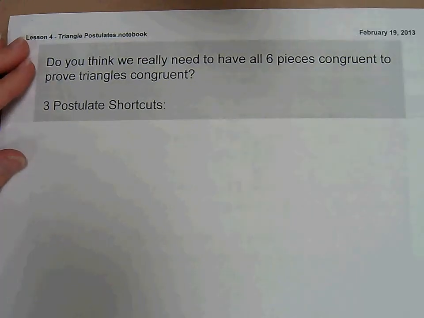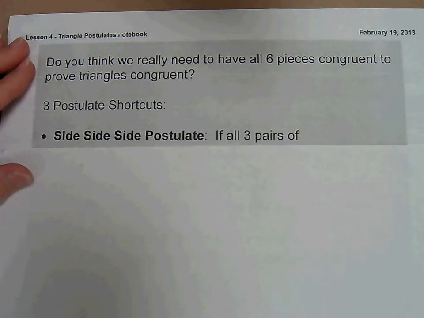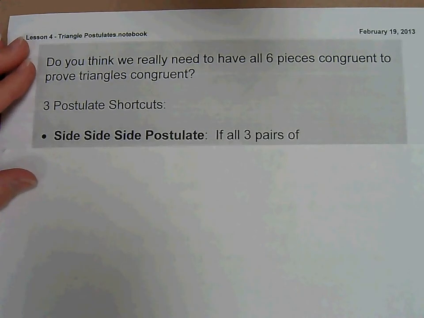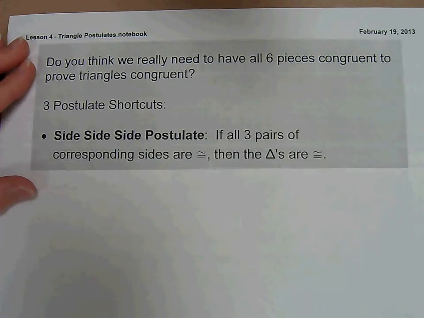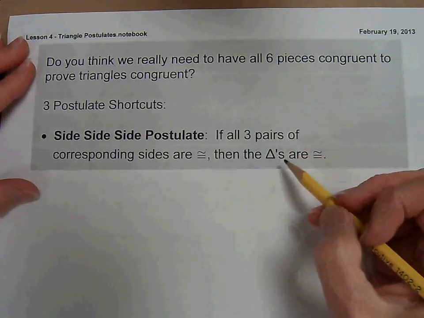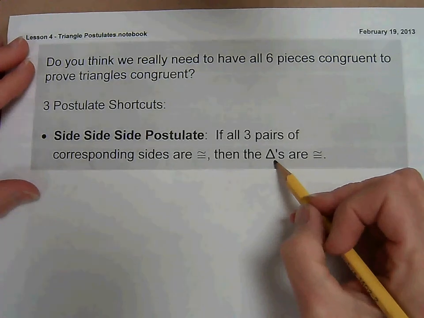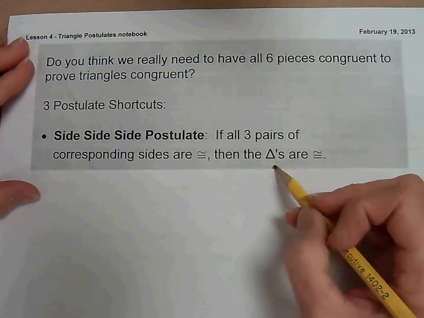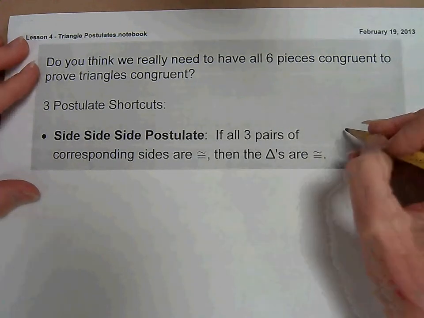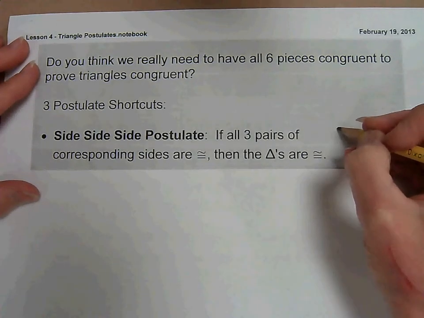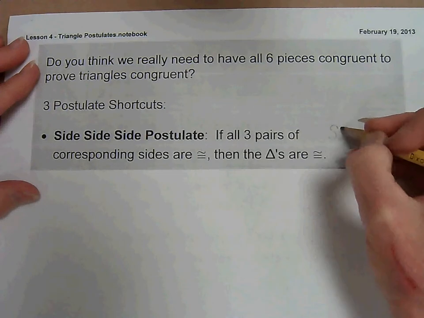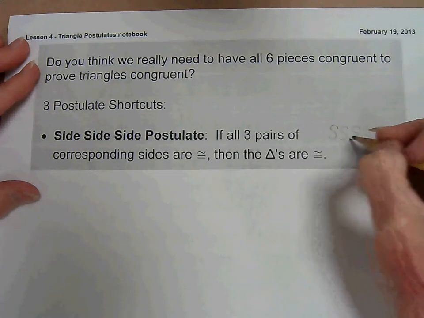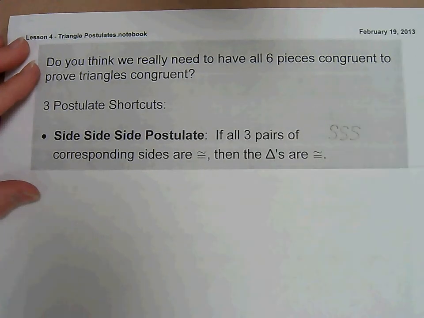So, if all three sides are congruent, then the angles are going to be congruent, and therefore the triangles will be congruent. That's all you have to prove, is that all three sides are congruent. We'll abbreviate that as side, side, side, or SSS postulate.